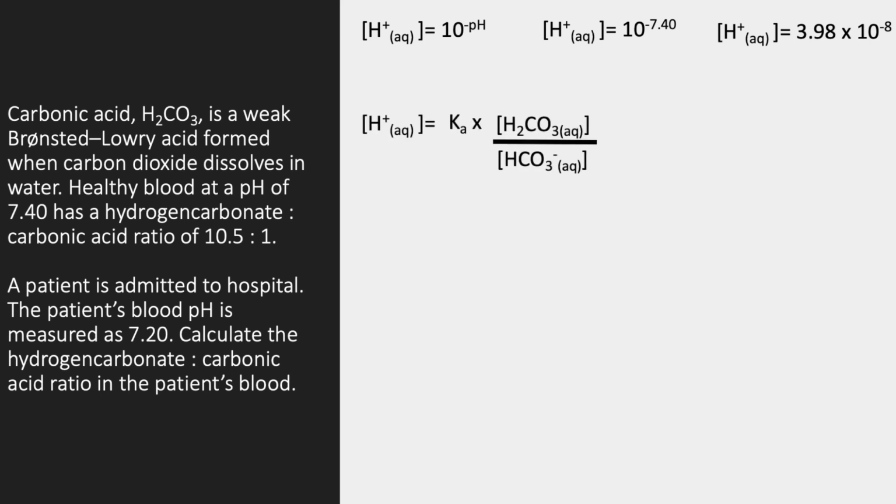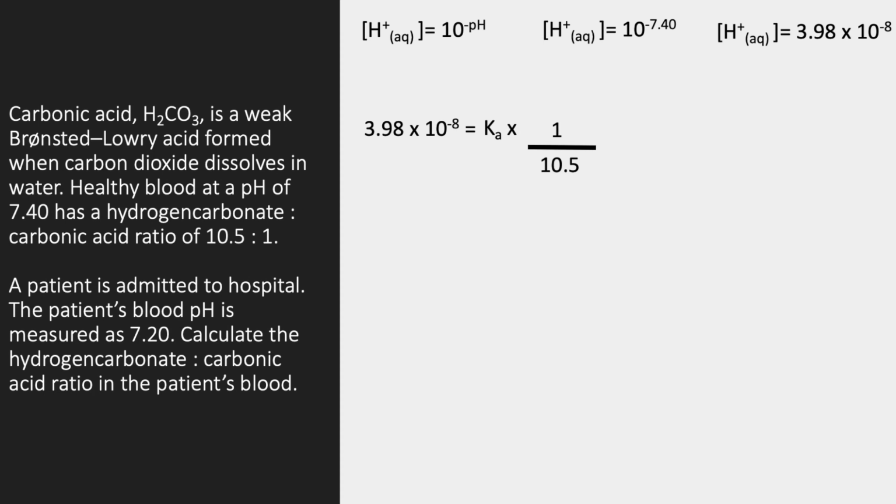Now we know that, we can pop that into our expression for Ka. And we know the hydrogen carbonate to carbonic acid ratio as being 10.5 to 1. So we substitute that ratio in along with our concentration of H+, and we can find Ka for carbonic acid.